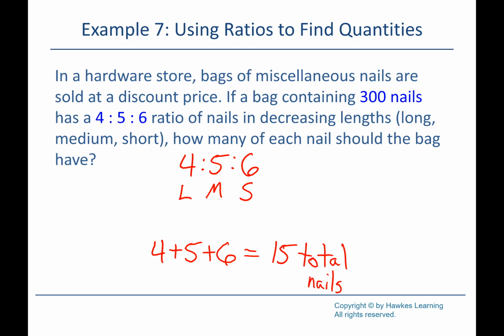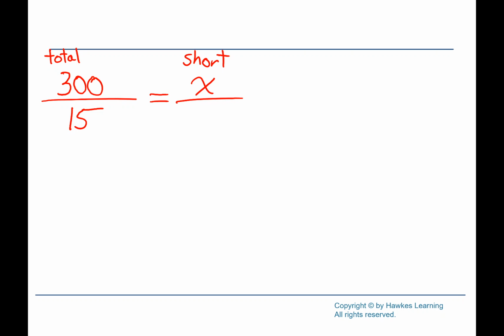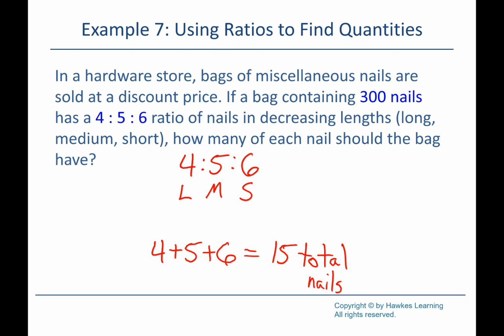Let's do the total on one side. So I know I've got 300 total nails, and my ratio number for that is 15. So this is like the total side. And then I'm going to do the information from my short side over here. I don't know how many short nails I have, but I know my ratio number was 6.